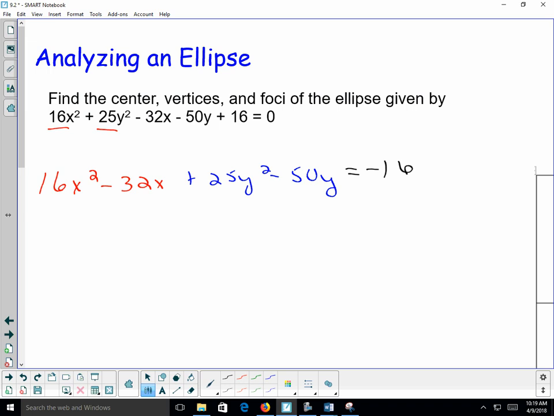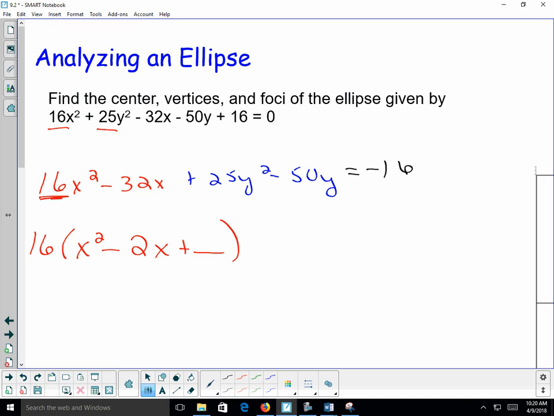Now, because they're different, I can't divide everything by 16. I can't divide everything by 25 like I did with the circle. So I'm going to have to factor out for both the x and the y. In this case, I'm going to factor out 16, making it 16 times the quantity x squared minus, and then 16 times 2 will give me that 32x. I'm going to complete the square, so I'm going to leave myself a space to fill in.